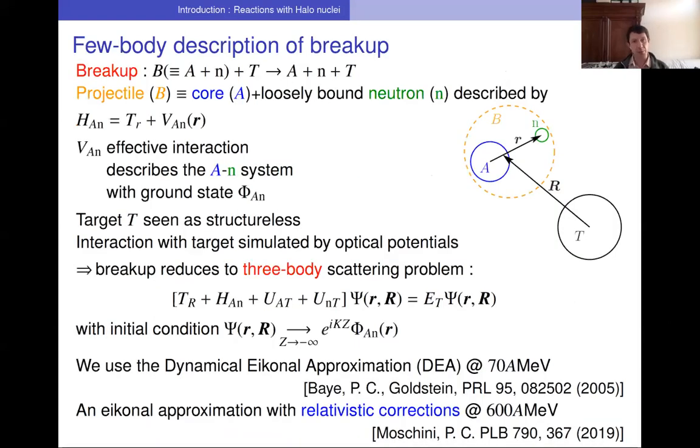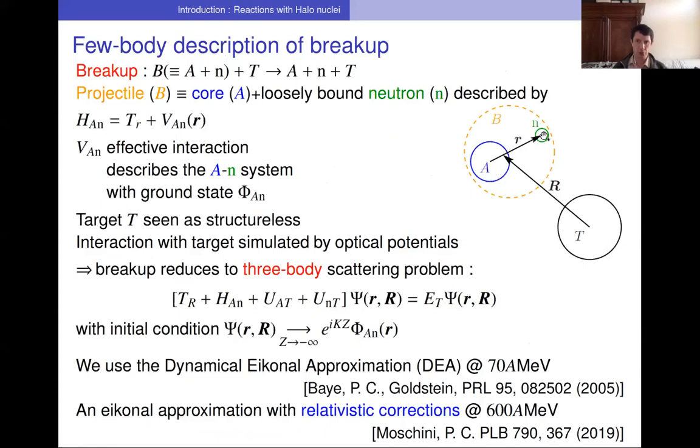For breakup, it's similar. We also have a few-body description. In this case, you have the nucleus B under study, which is a core A plus one loosely bound neutron, impinging on a target, and then this two-body system breaks up into the core and the neutron. This is shown here on the right in this plot.